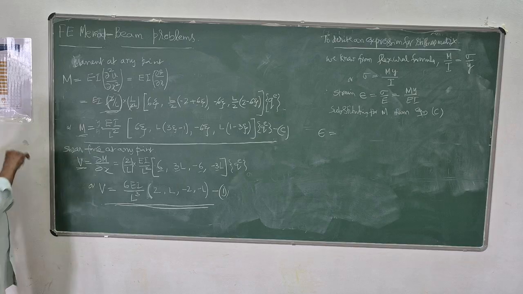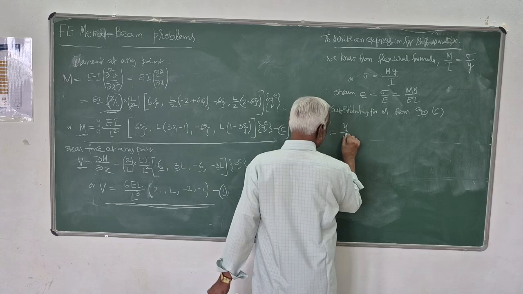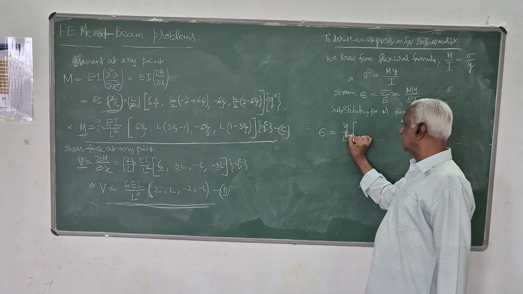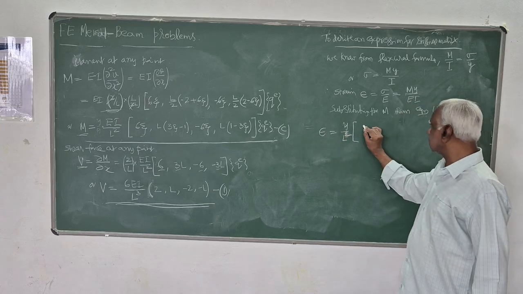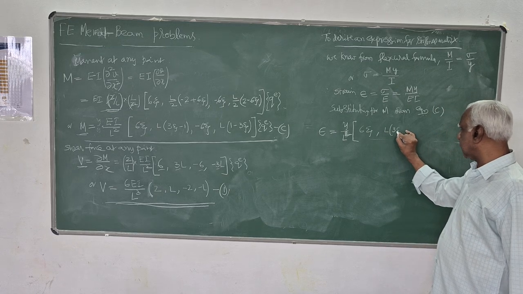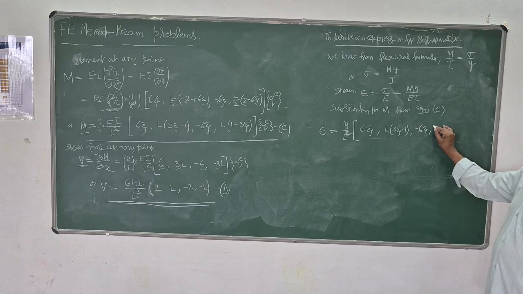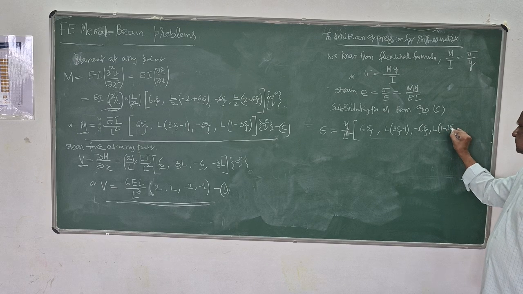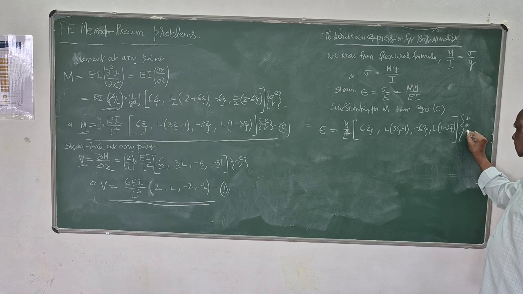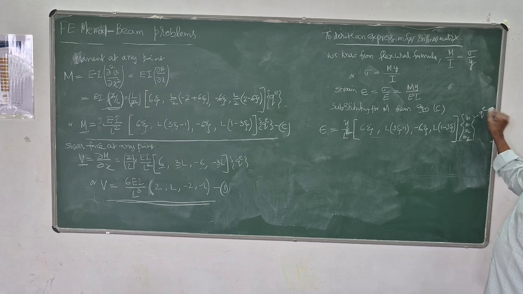This EI will go, you will get just y by L square into 6ξ, L(3ξ minus 1), minus 6ξ, L(1 minus 3ξ), of course, that is v1, theta 1, v2, theta 2. It is nothing but your Qe.